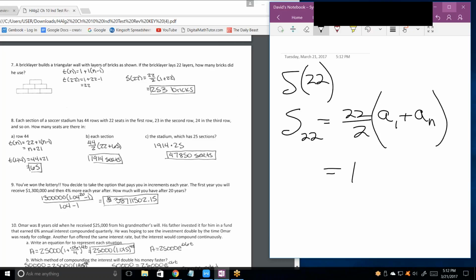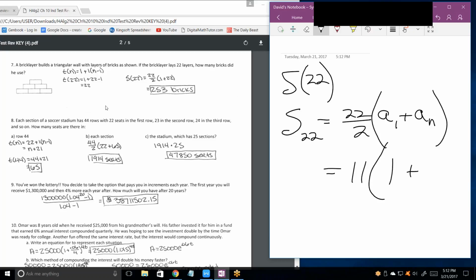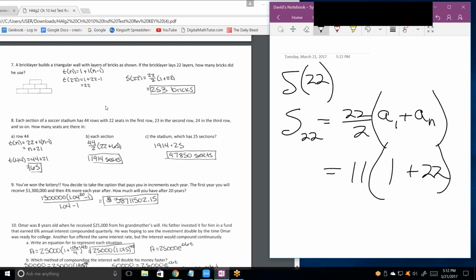Well, that's 11. First term is 1. The last term we just figured out was 22. So it's 11 times 23, which equals 253. Total number of bricks used if you were to build 22 rows of bricks.